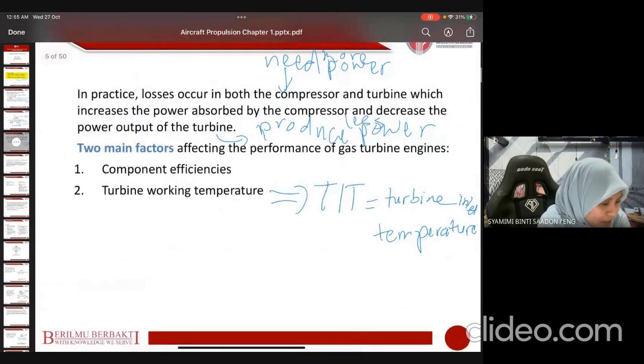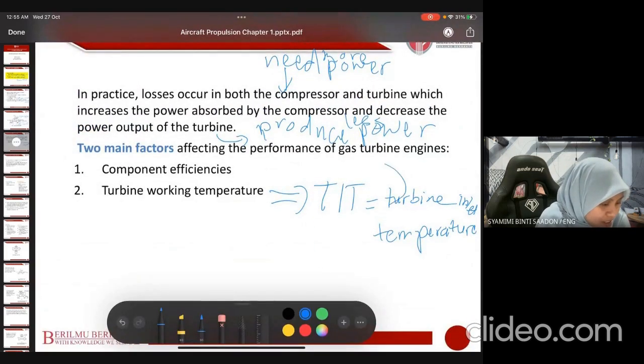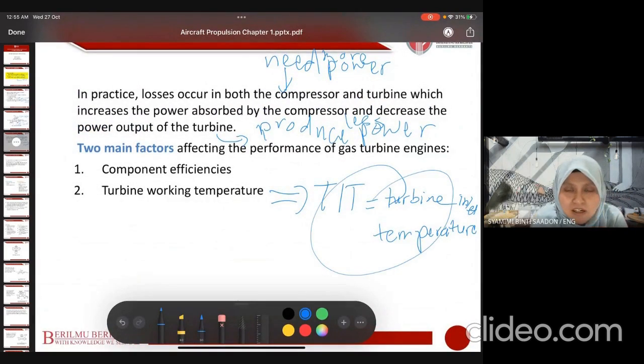So that's why we need to take into consideration this maximum temperature, because the amount of maximum temperature will guide us how to design the turbine.